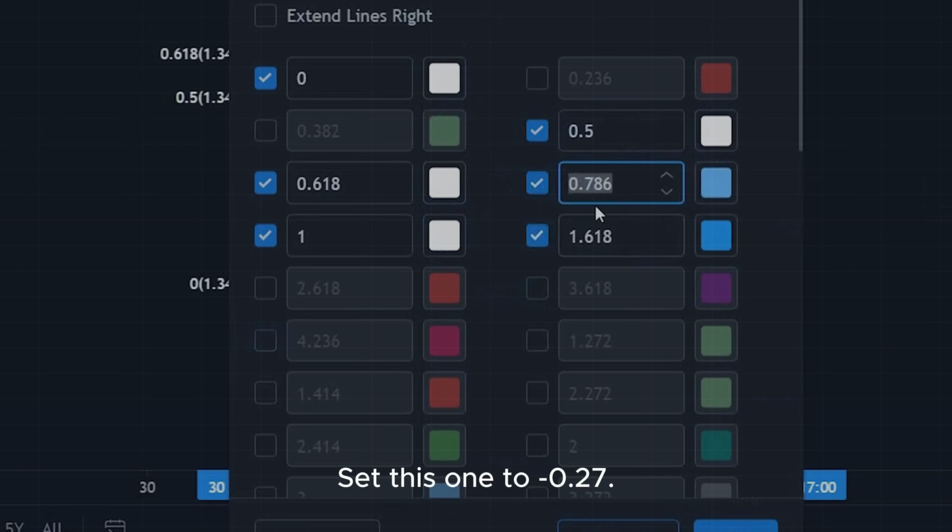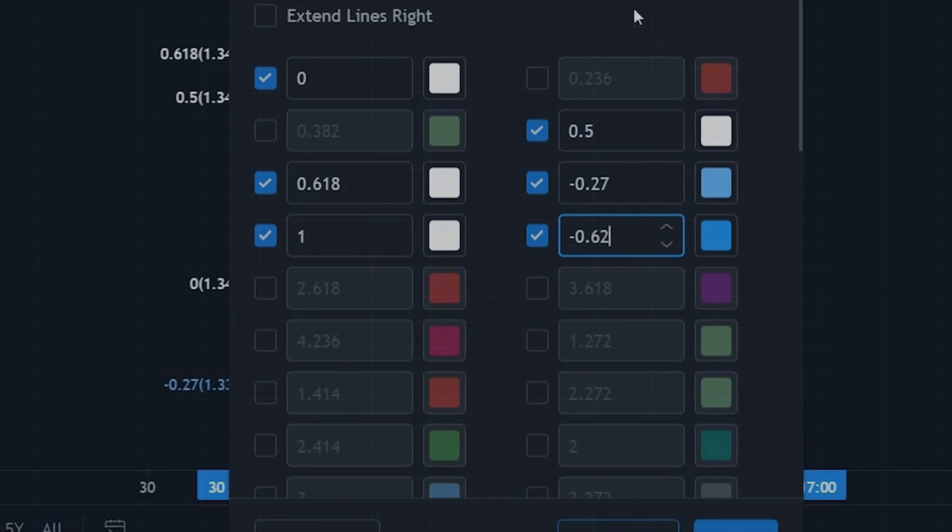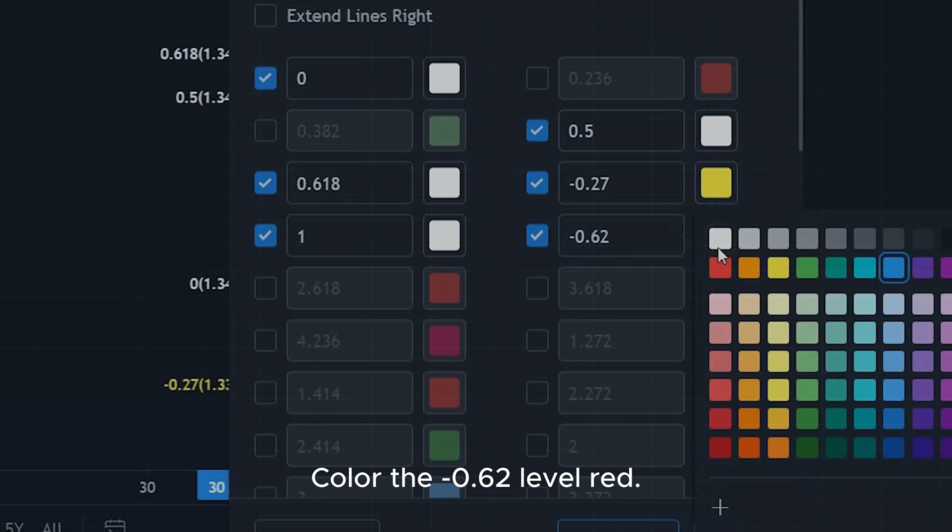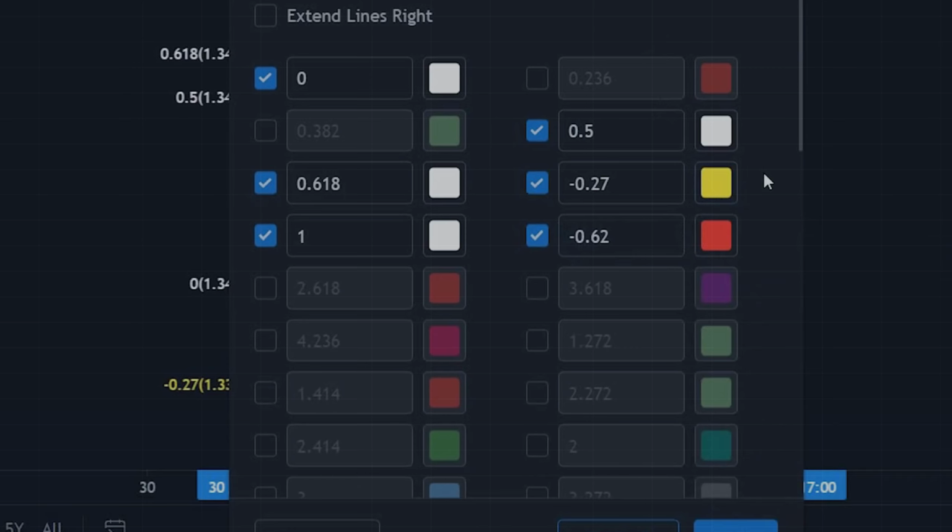Set this one to -0.27. Set this one to -0.62. Color the -0.27 level yellow. Color the -0.62 level red. These colors have specific meanings, which I'll explain later.